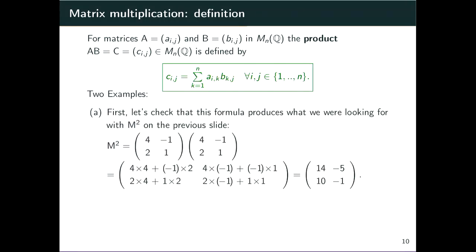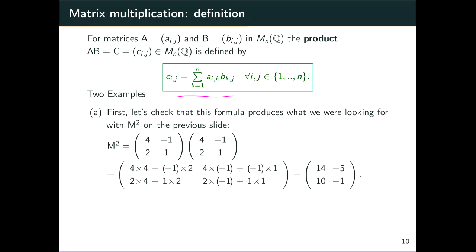Okay, so let's have a look at how we do this multiplication. All this definition is saying is that the first entry, the entry (1,1) in our new matrix, is the sum of 4 times 4 plus -1 times 2. So that's that entry here.